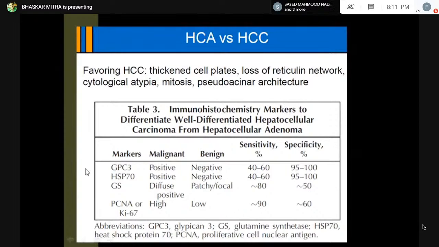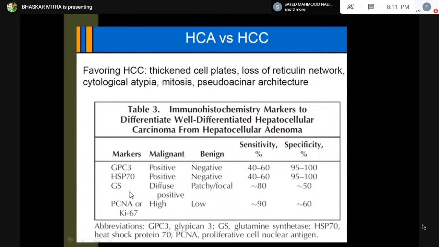Among the markers, malignancy shows glypican-3 positivity, HSP70 heat shock protein positivity, and diffuse glutamine synthetase positivity. In benign lesions there is patchy and focal positivity, except for the beta-catenin one, which shows diffuse staining. Ki67 and PCNA show a high proliferation index in malignancy, as usual.